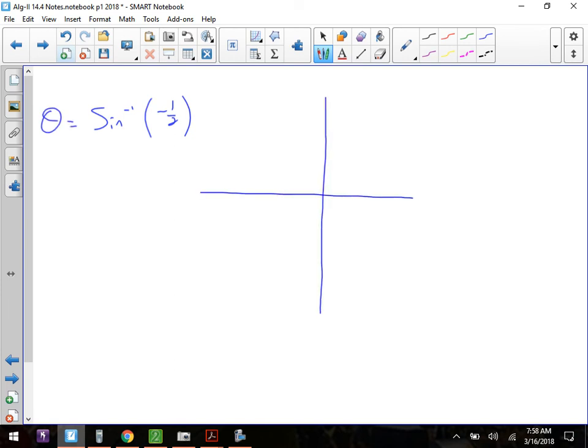We plotted it. We noticed we are at negative 1 and 2. So this was 7 pi over 6. Those were our two solutions for that problem. What angle had a sine value of -1/2?